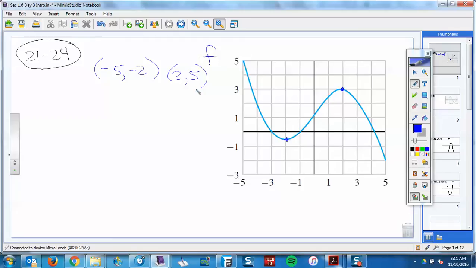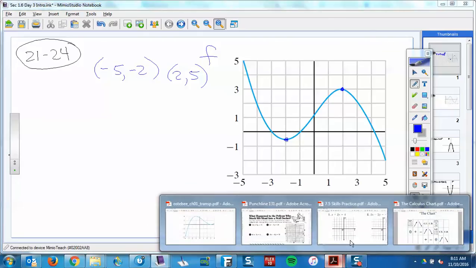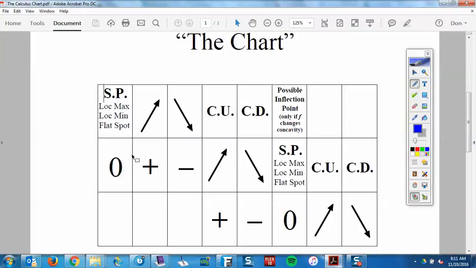What did the chart say about F prime decreasing? That's when F is decreasing when F is concave down. F prime is decreasing when F is concave down.